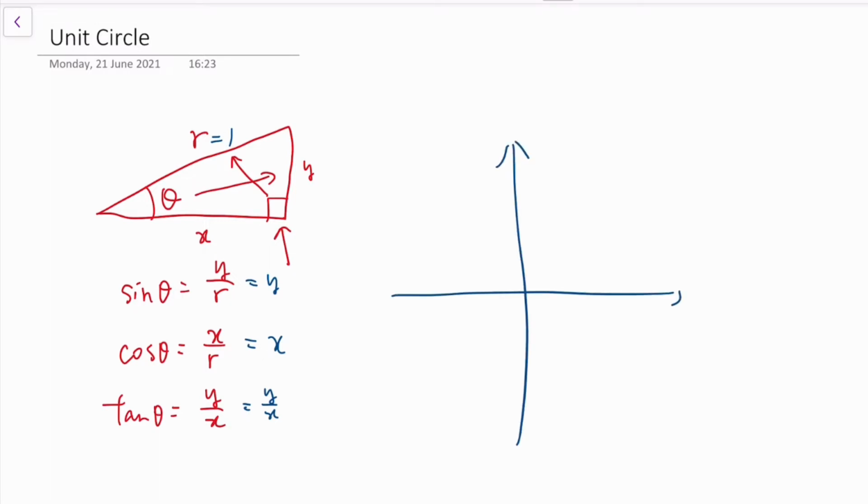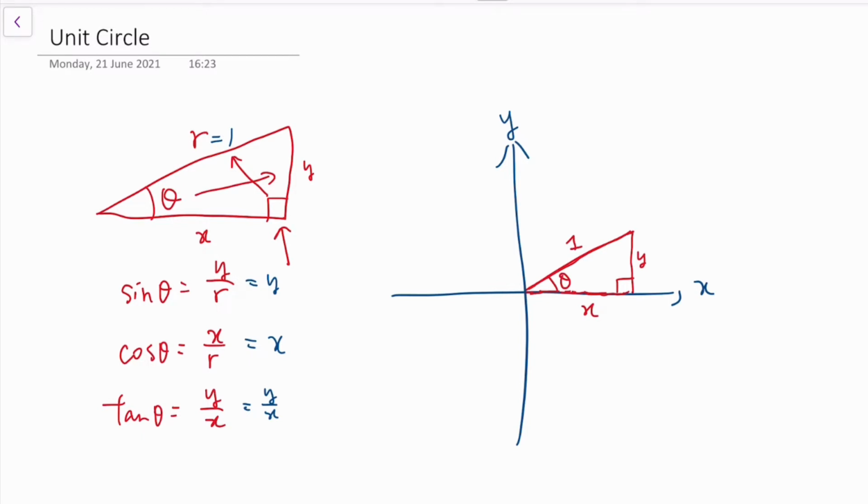Now what I can do is put this triangle onto a coordinate plane, an xy coordinate plane. So put the right angle triangle with angle theta, and the hypotenuse, remember, has length 1. The opposite side of the triangle, let's say, is still y, and the adjacent side is still x.